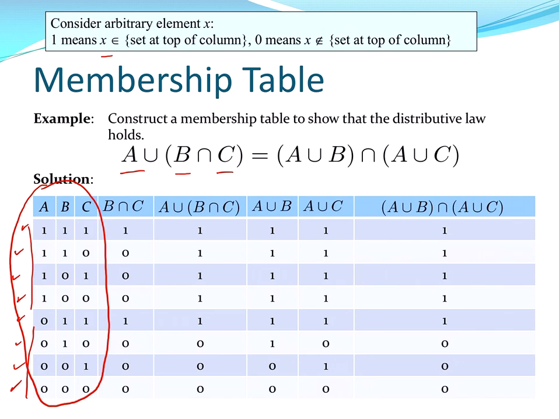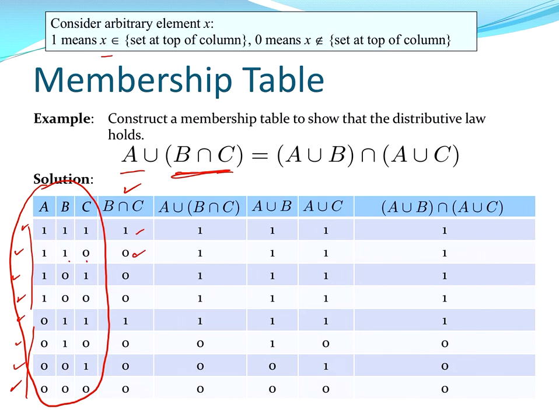And now we can do the set operations for portions of these sets and build up. So in the first case, we'll do B intersect C, and we see that if an element is in set B and in set C, it'll be in the intersection of B and C. If an element is in set B and not in set C, it will not be in the intersection of B and C, and so forth all the way down.